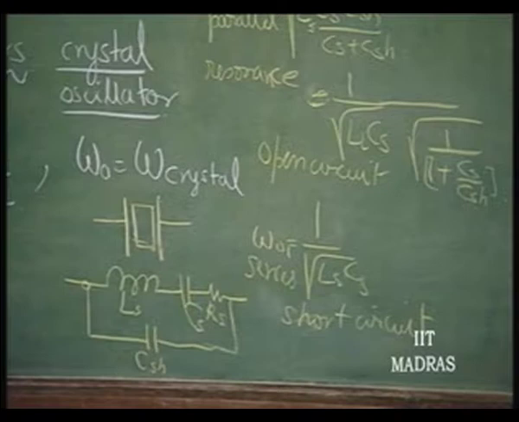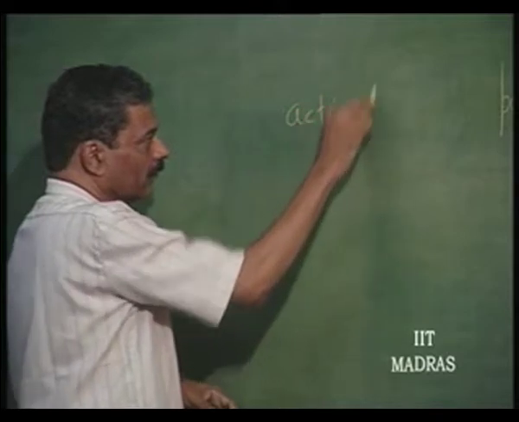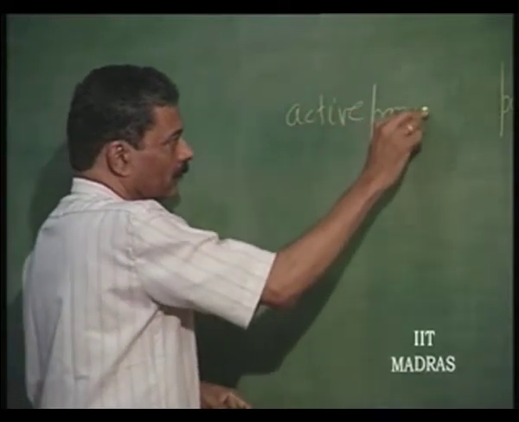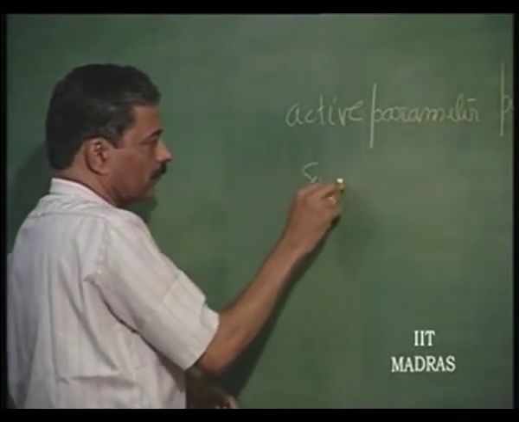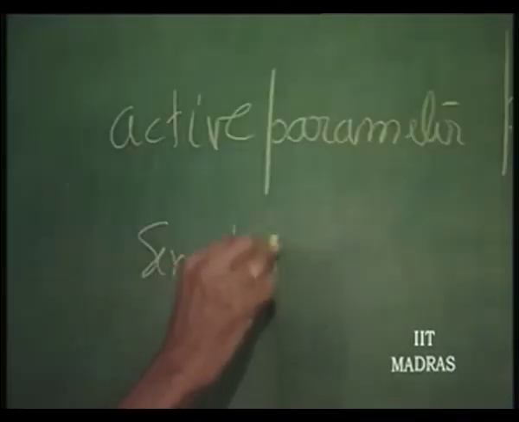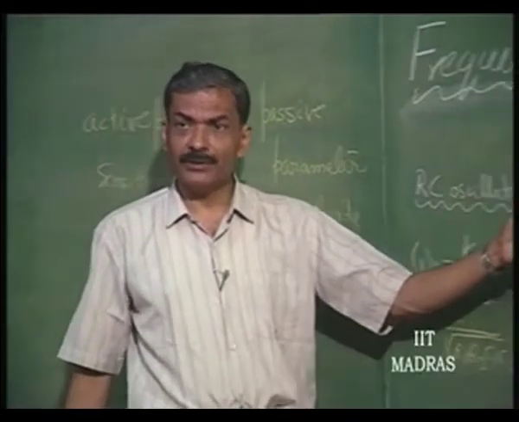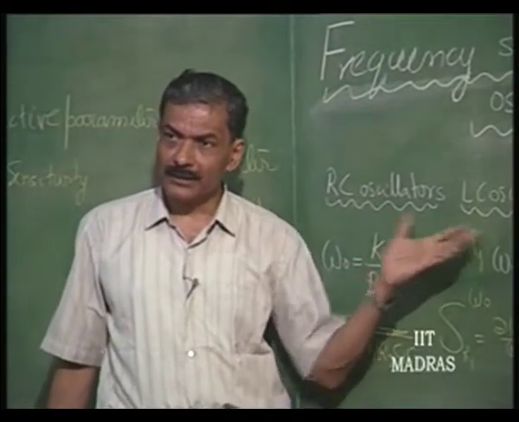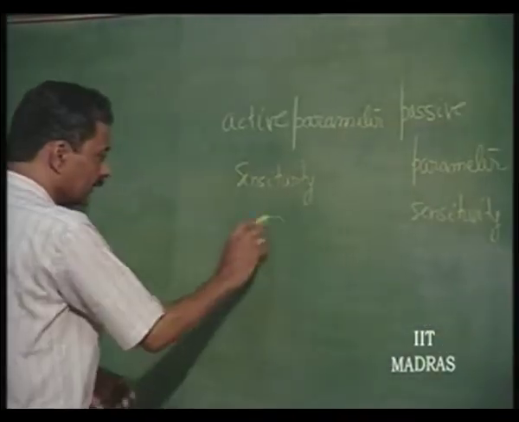The next aspect is different: active parameter sensitivity. In realizing these oscillators, we had used op amps, transistors, etc. What is active parameter sensitivity? It is the same thing.